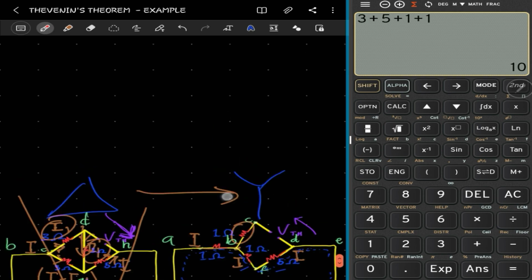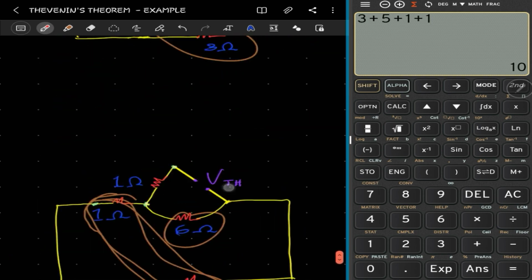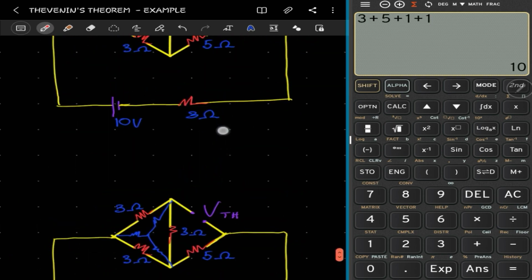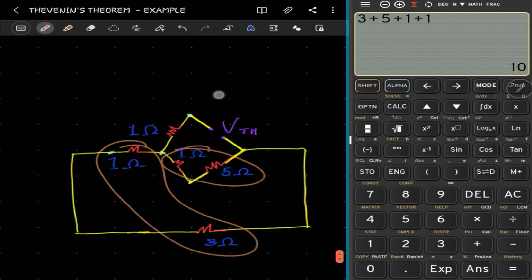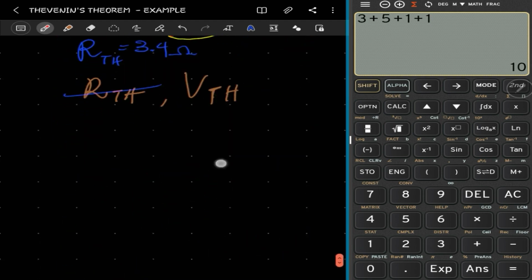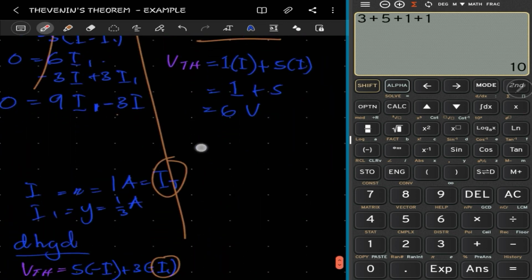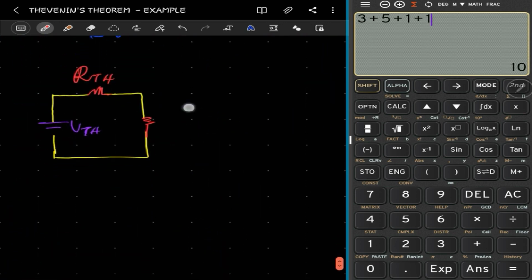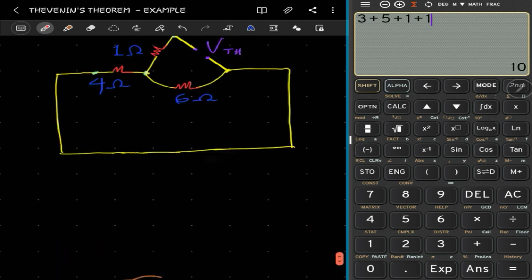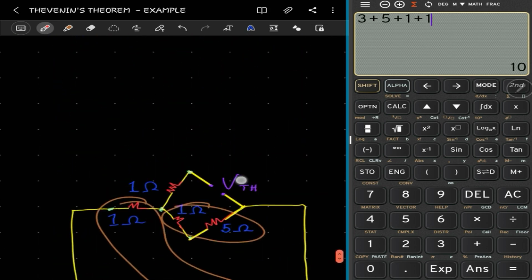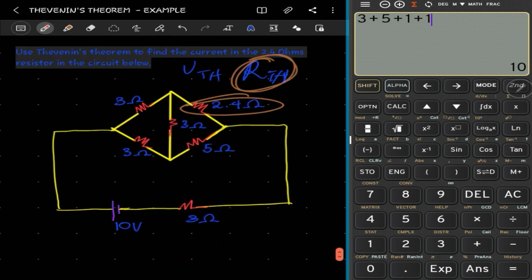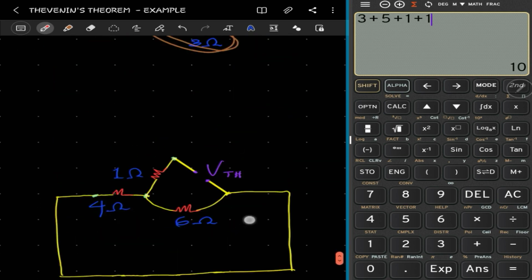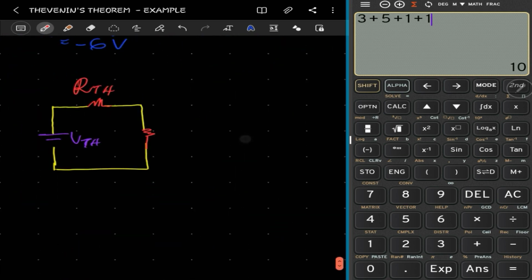Let's go back to the original problem. Yes, 2.4 ohms, right? So we have that as well. So our interest is to find the current, right? Current through the 2.4 ohm resistor. Yeah, the current through the 2.4 ohm resistor. Right?